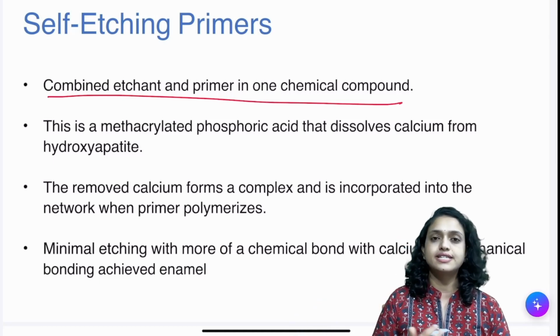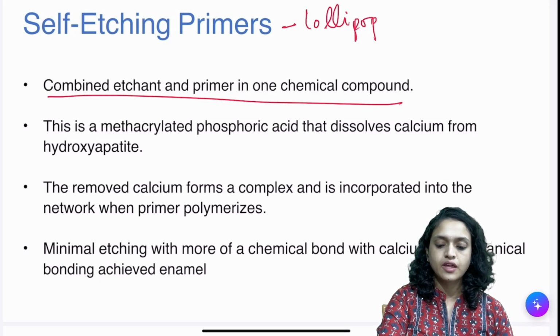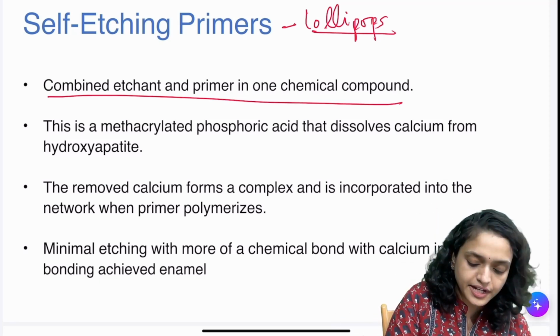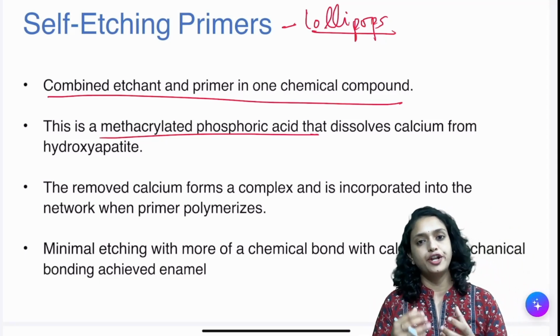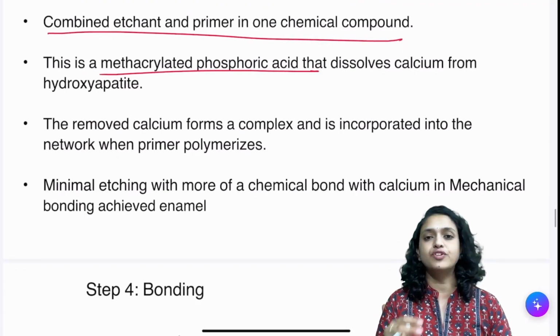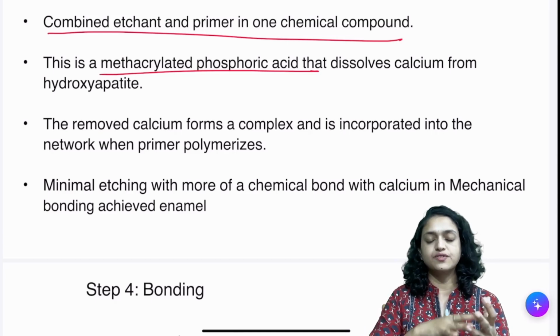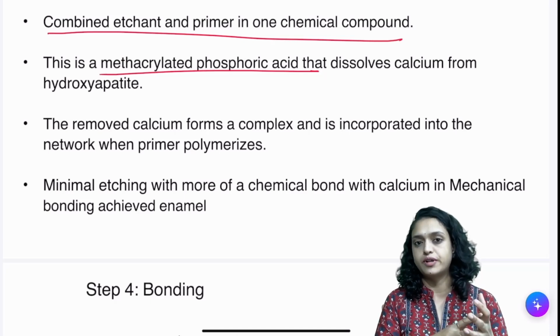So basically the self-etching primers in orthodontics are supplied in the form of lollipops. Self-etching primer lollipops. This is a methacrylated phosphoric acid which dissolves the calcium from the hydroxyapatite. The removed calcium forms a complex and it incorporates within the composite matrix as the primer polymerizes.